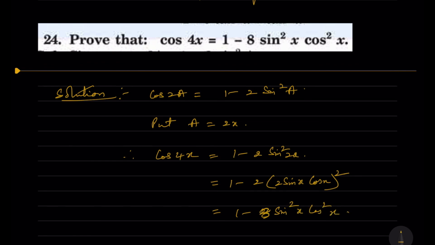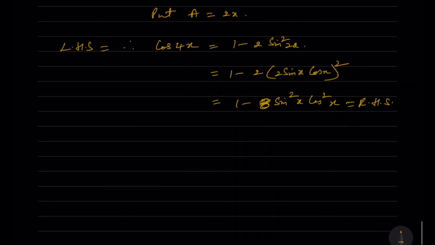So this is the answer which we had to prove. We started off with LHS and this is equal to RHS. So hence proved, cos 4x is equal to 1 minus 8 sin square x cos square x.